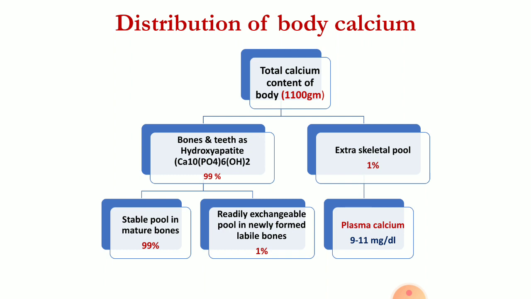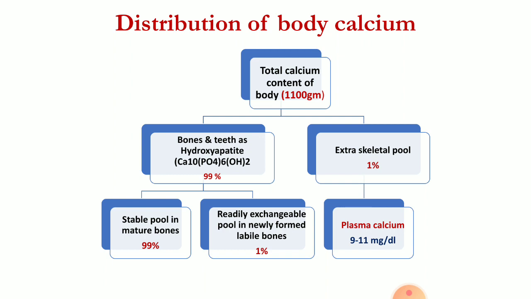Now the extraskeletal pool, that is 1% of total body calcium, is kept in different intracellular portions, in subcellular organelles, as well as within extracellular fluid including blood plasma.